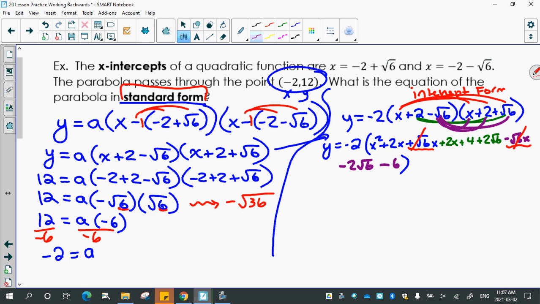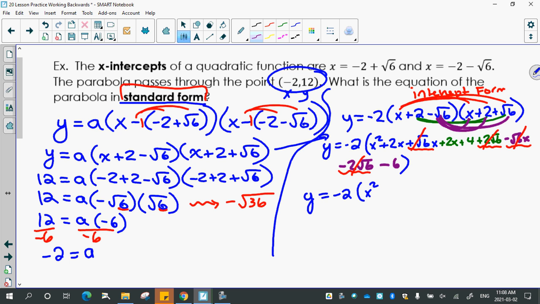Is there anything else that has a square root in it? 2 root 6. See this positive 2 root 6? Is there a negative 2 root 6 somewhere in the same bracket? Yes. So positive 2 root 6 and negative 2 root 6 add up to 0. So what's left, if I start collecting, I've got my negative 2x squared. Is there any other x squared terms?